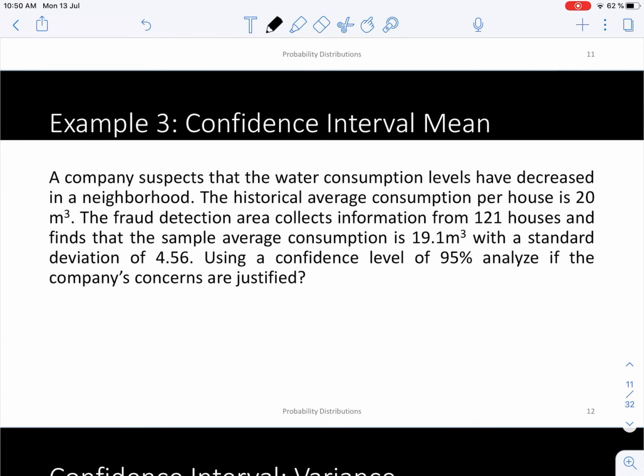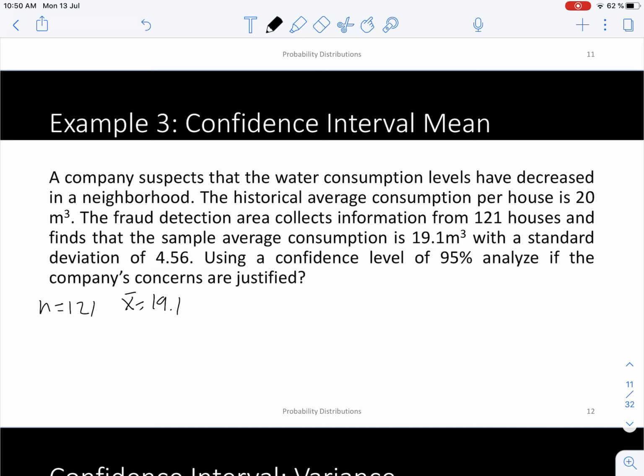A company suspects that the water consumption levels have decreased in a neighborhood. The historical average consumption per house is 20 cubic meters. The fraud detection area collects information from 121 houses and finds that the sample average consumption is 19.1. That's X bar based on the sample, 19.1.